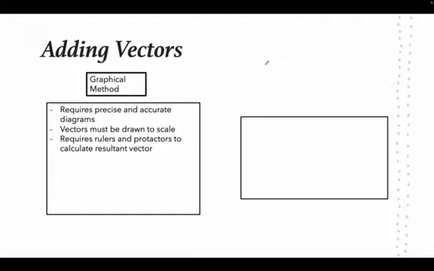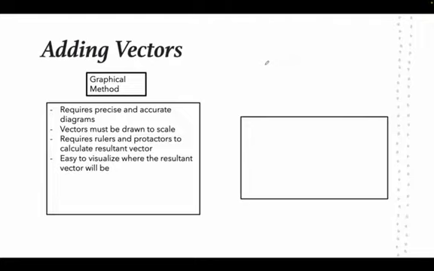So it's very important to be very accurate. Now, these first three characteristics are kind of difficult because nowadays very few people actually have rulers and protractors in their backpacks. But it also has some good things.